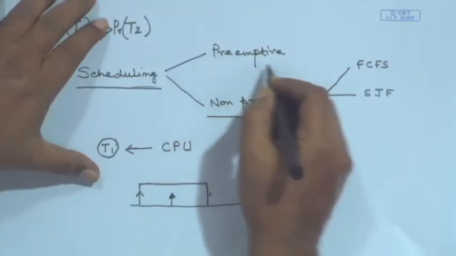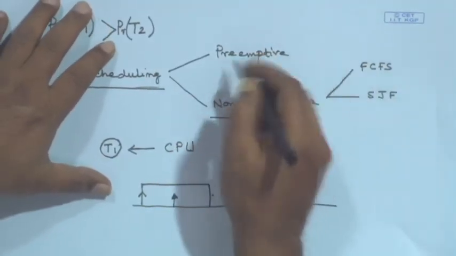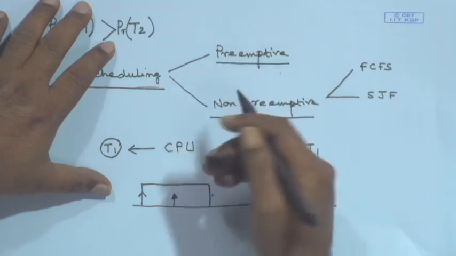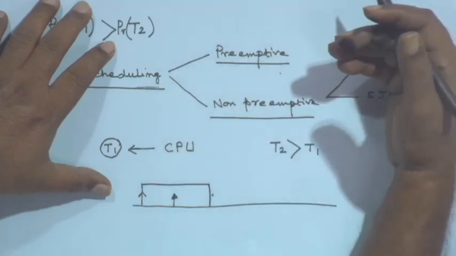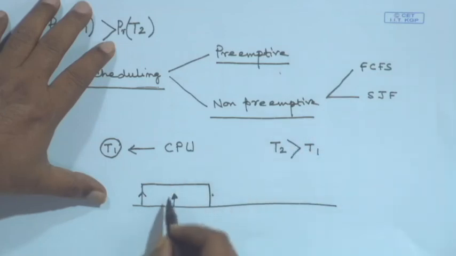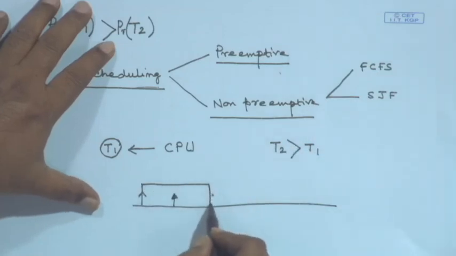But in the case of preemptive scheduling, if a higher priority task arrives, for example, T1 was running here and T2 has arrived here.